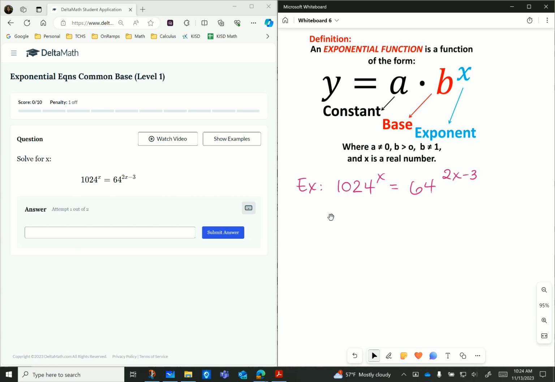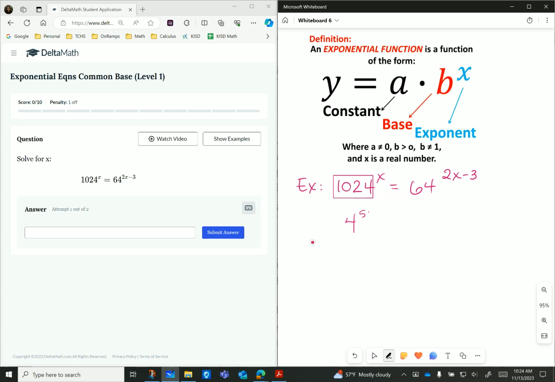So what we're going to do is rewrite those bases, 1024 and 64, based on what we just saw in our reference sheet. So let's do that. 1024 is 4 to the 5th, so I am going to rewrite 1024 as 4 to the 5th power.